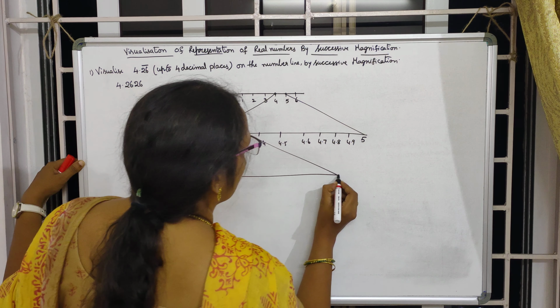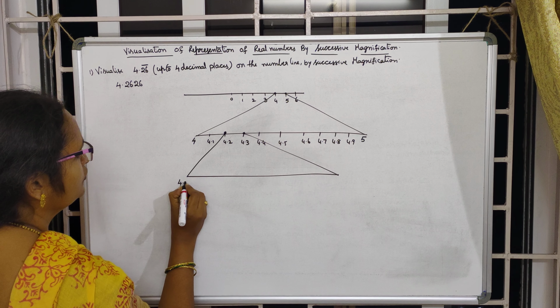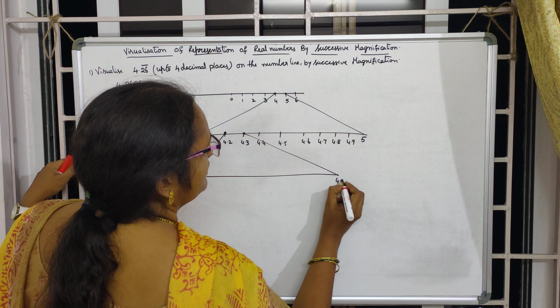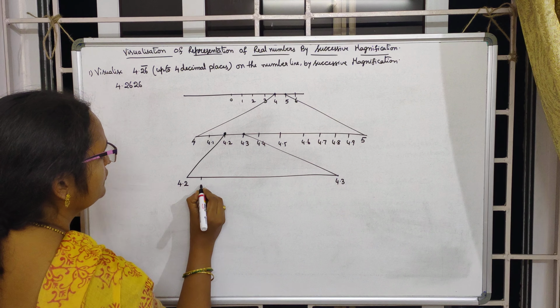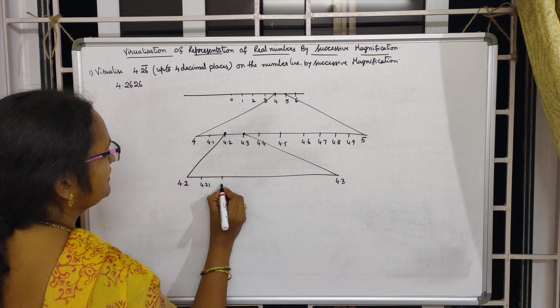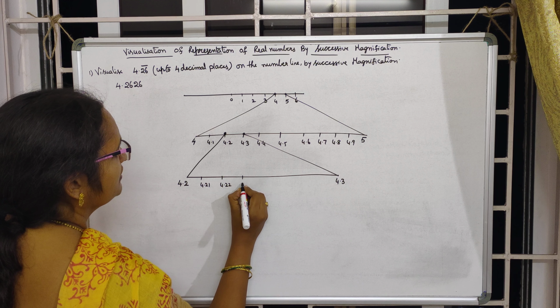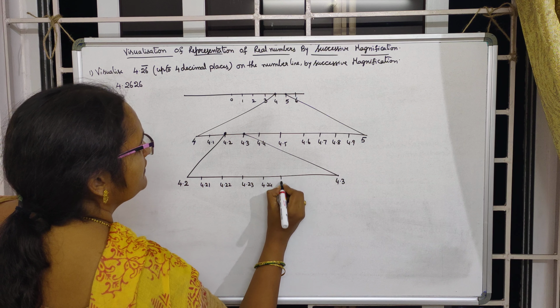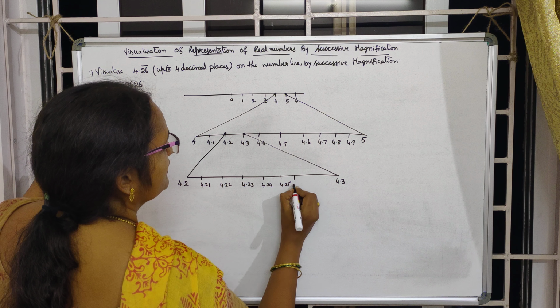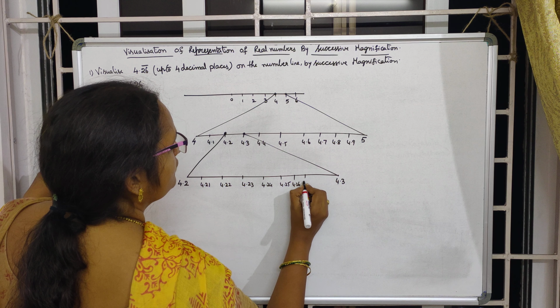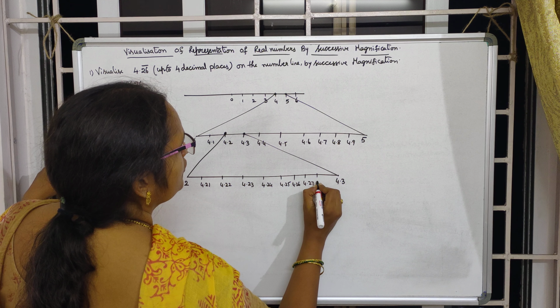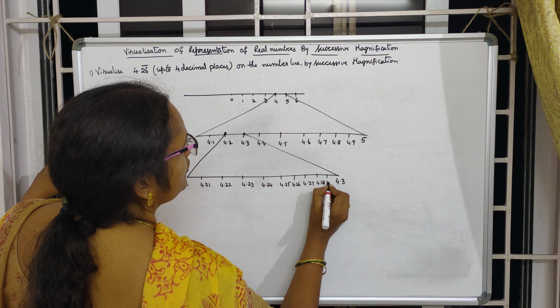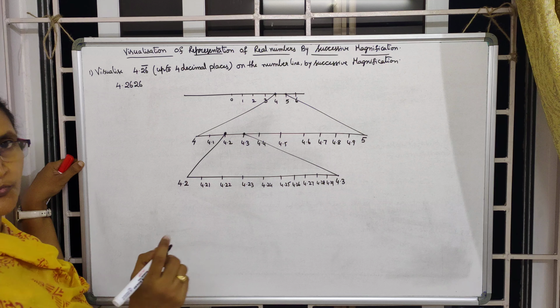So now I am considering 4.2 here and this is 4.3. 4.2 means 4.21, this is 4.22, this is 4.23, this is 4.24, this is 4.25, this is 4.26, 4.27, 4.28, 4.29, then 4.3.